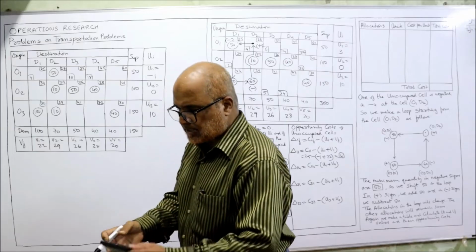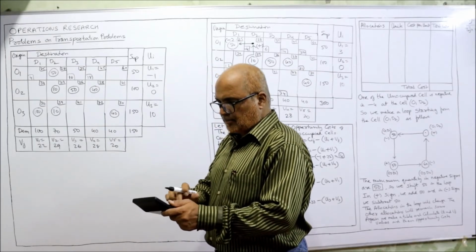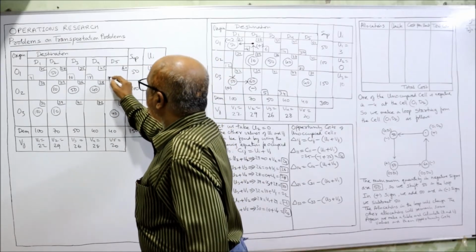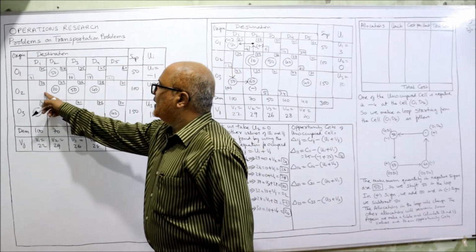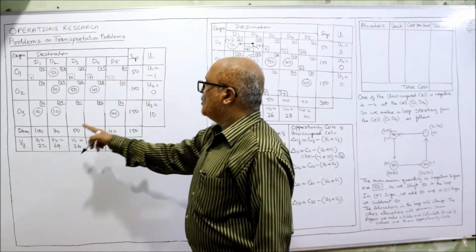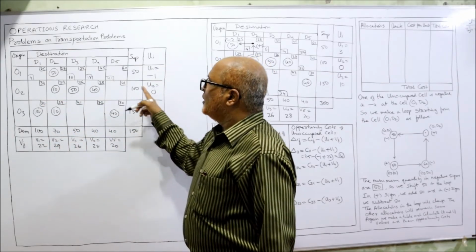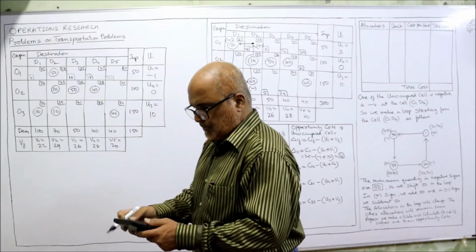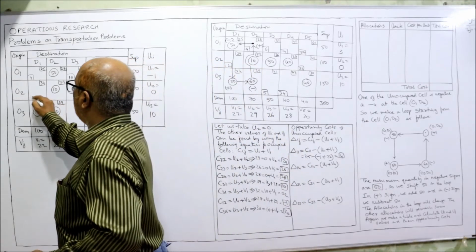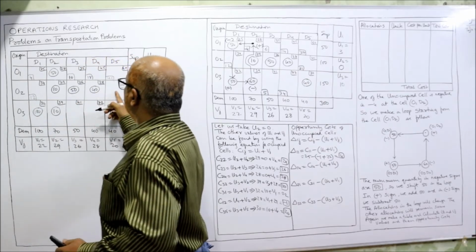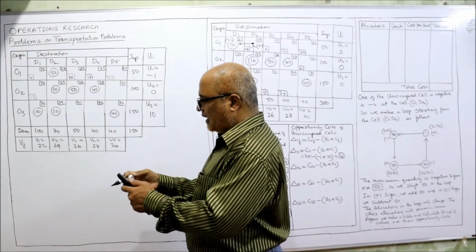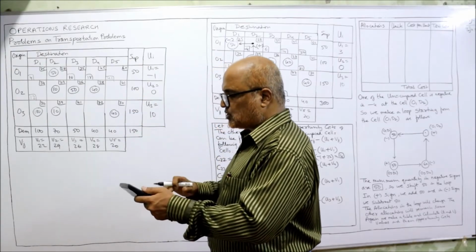So 60 minus 19 comes to 41. Right? So here 34. Here it is 22. 22 plus 0 is 22. 34 minus 22 will get 12, positive. Then here 41. 20 plus 0 is 20. 41 minus 20 is 21.